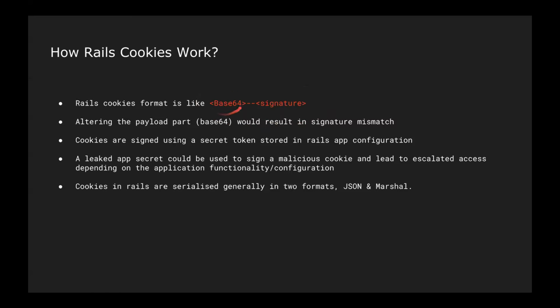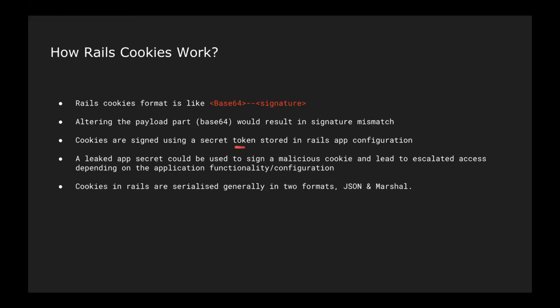If you have an email here and you're doing authentication based on email, you want to make sure users are not able to alter it. So you have a signature for that, and this signature comes from that secret token. We sign this payload using the secret token, which gives us a signature to maintain the integrity of this base64 part, that is the payload part.